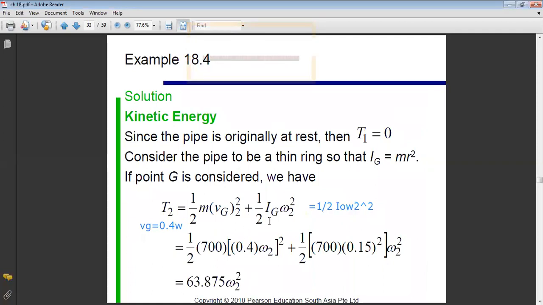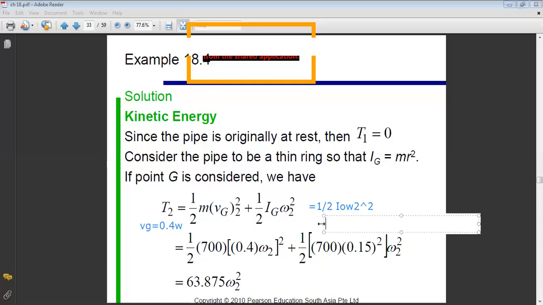You know why? Because if you take omega 2 square into factor, what do you get? You get Ig plus m times 0.4 square. And what is that? Look, what is IO? IO is equal to Ig plus m times the distance between O and G square.